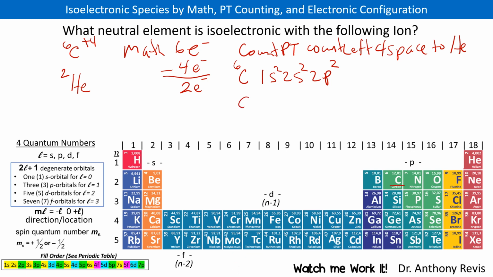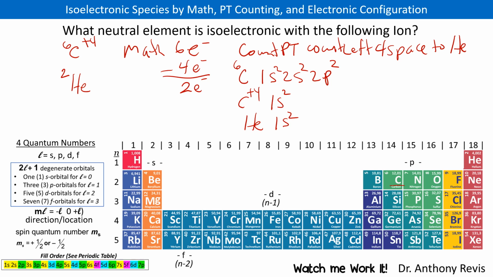So now carbon +4: I'm going to write the original again, and then remove those 4 electrons. 2 electrons gone. 2 more gone. I'm left with 2. And if I write the electronic configuration of helium, it's 1s2, a match. So carbon +4 is isoelectronic with helium.